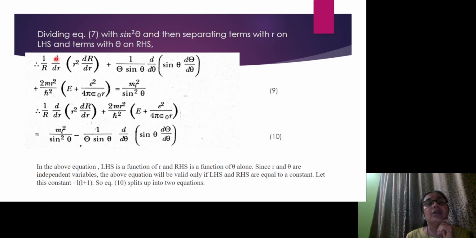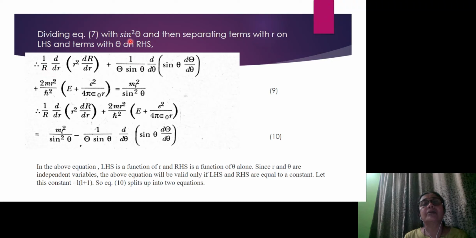1 upon R d by dr, r square dR by dr plus 1 upon Theta sine theta. Okay, because already there was this sine square theta in the denominator, so that is cancelled.